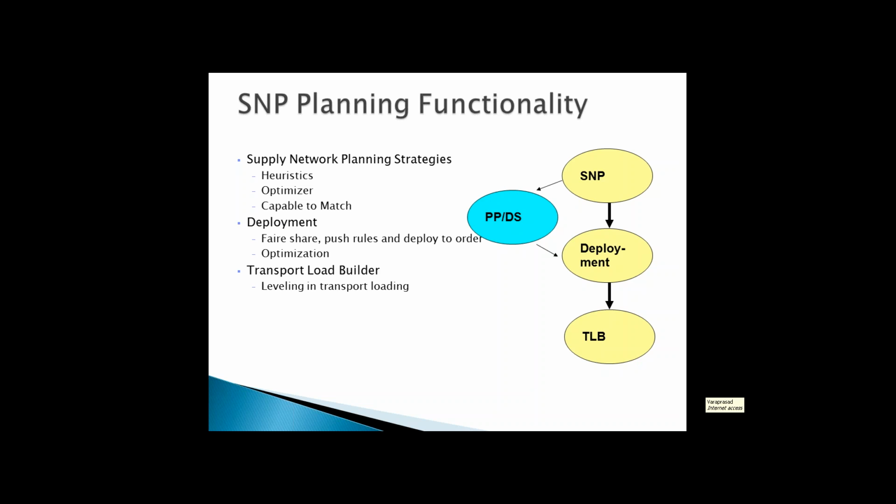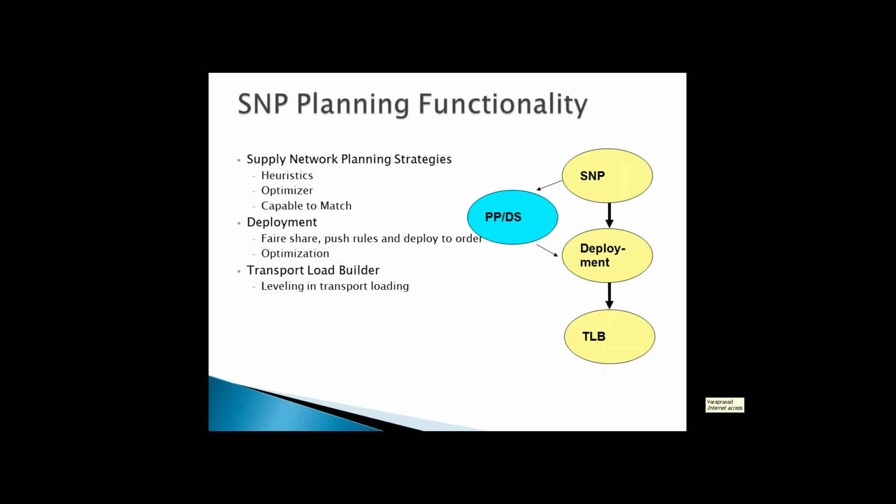Okay. Other than that, of course, each has its own advantages, and for each and every planning engine we'll see in detail the differences between heuristics, optimizer, and capable to match.